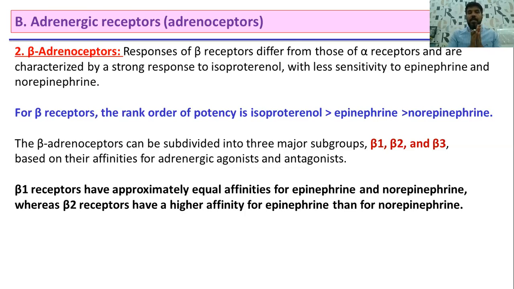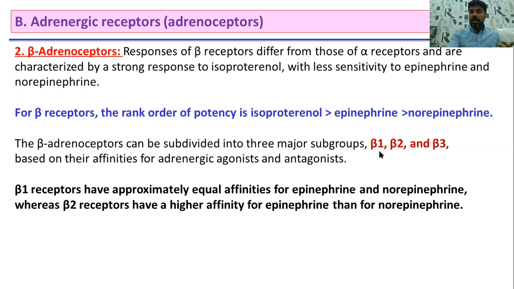So what about beta adrenoceptors or beta adrenergic receptors? Again, for beta receptors, there's an order of potency. Isoproterenol is much more potent toward this receptor than epinephrine and again than norepinephrine. Beta adrenoceptor again can be subdivided into subgroups.